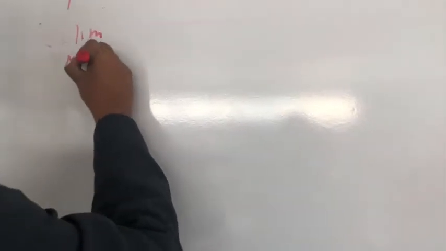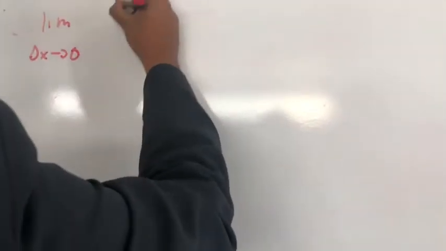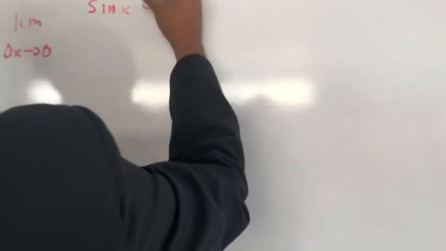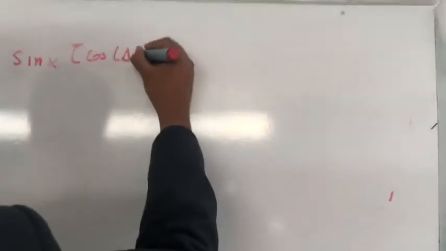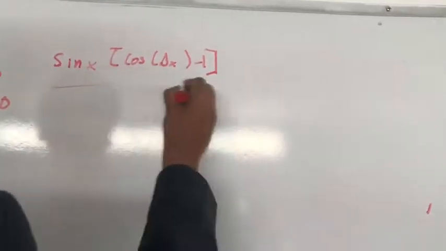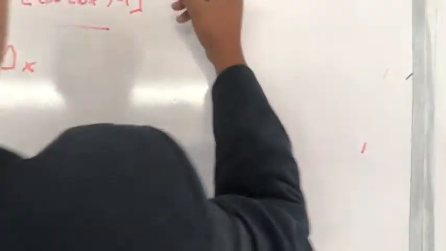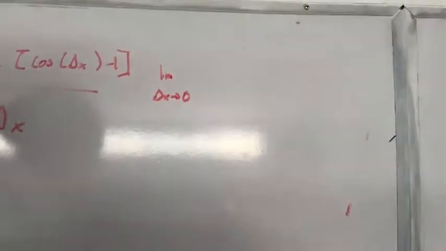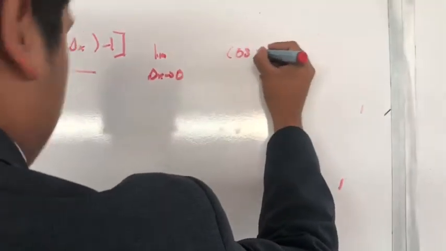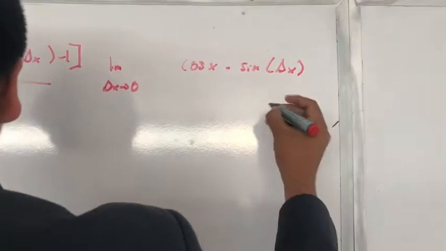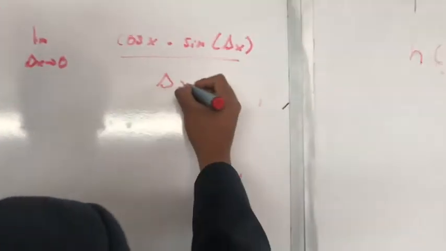Separating the expression that we have made, it will be something like the limit of delta x going to 0 of the sine of x multiplying cosine of delta x minus 1, divided by delta x, and the other half of the operation will be the limit of delta x near to 0 of cosine of x times the sine of delta x divided by delta x.